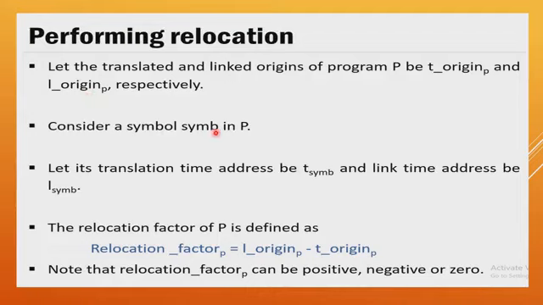Consider any symbol SYMB in P. Let its translation time address be T symbol and its link time address be L symbol. The relocation factor of P is defined as linked origin minus translated origin. Note that the relocation factor can be a positive, negative or zero value.